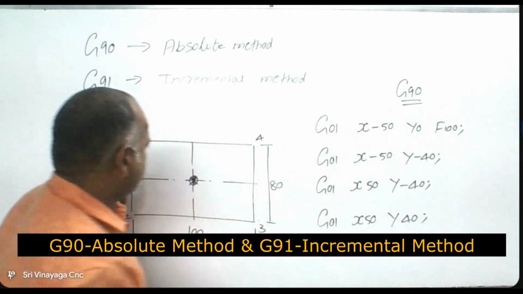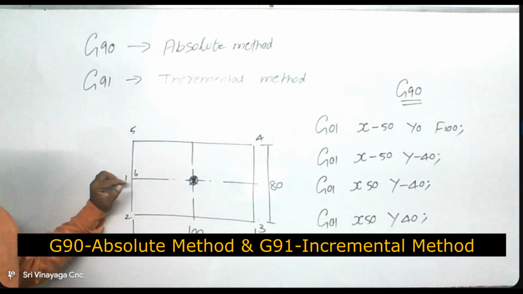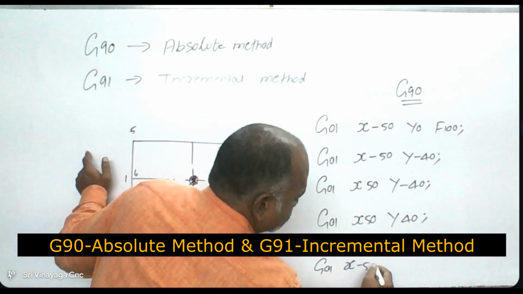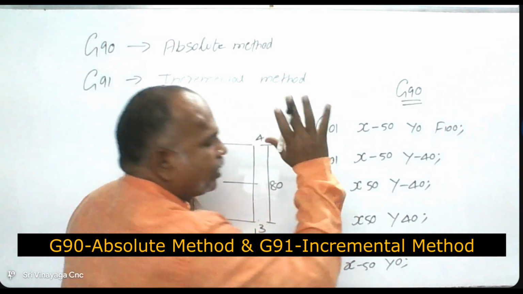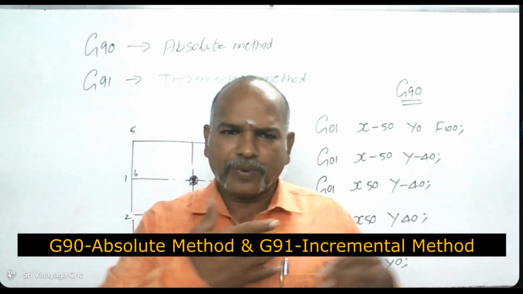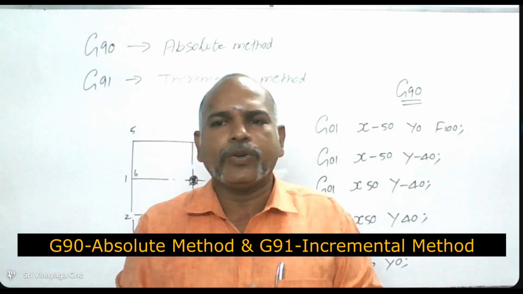Point number six is the same, X minus 50 and Y 0. This is known as the absolute method, which we have been using from day one.